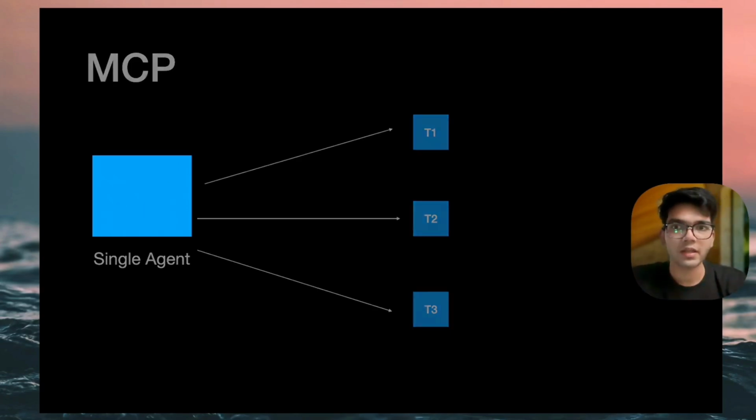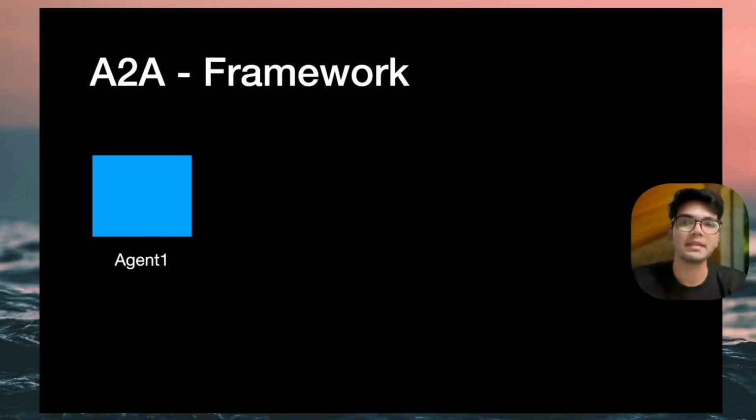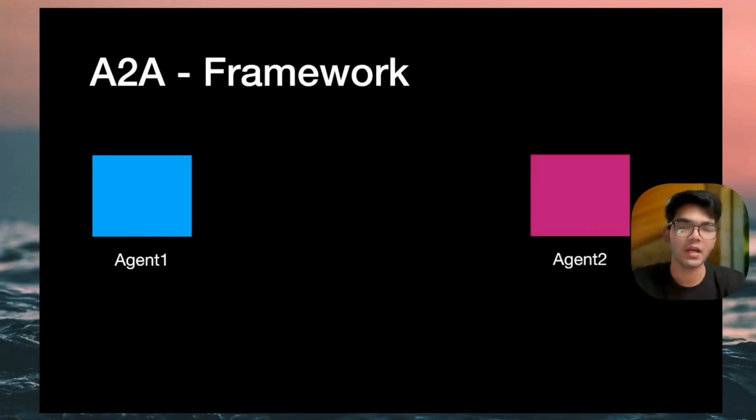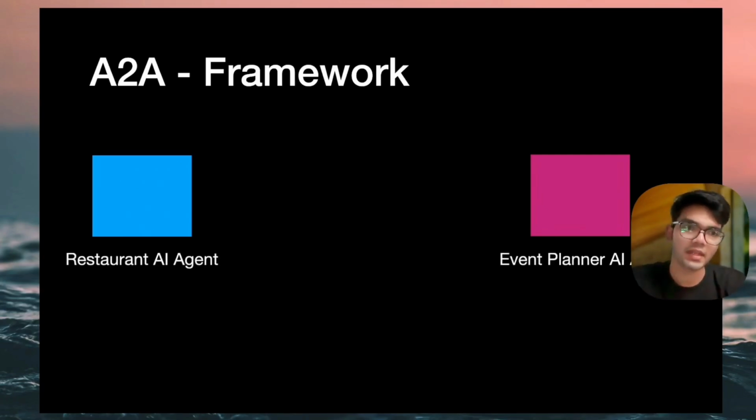On the contrary, the A2A framework is basically agent 1 and agent 2 communicating with each other. For instance, we may have a restaurant AI agent and an event planner AI agent communicating with each other so that we can have a full-blown event management system. Let's say the event planner tells the restaurant agent, hey, at 7 p.m. we have something, so make sure the food is ready, right?